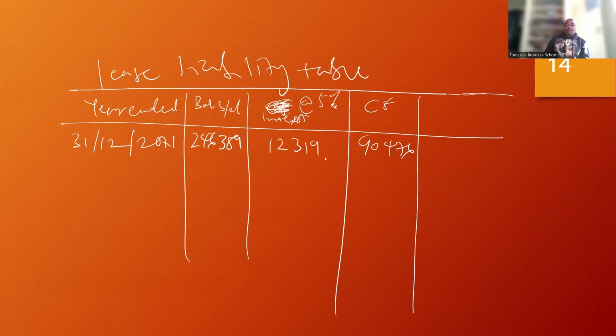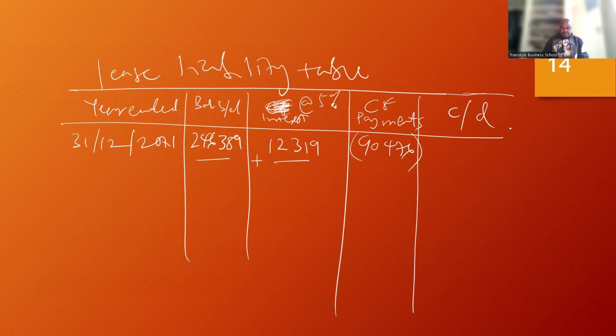All right. So what happens here is that we started with this opening balance and it is increased by the interest charge, 12,319, but it is subsequently reduced by the actual payments, and we will have the balance CD. What will be the figure then?